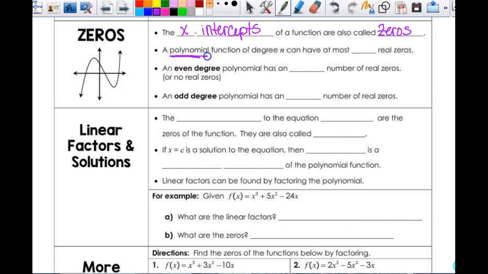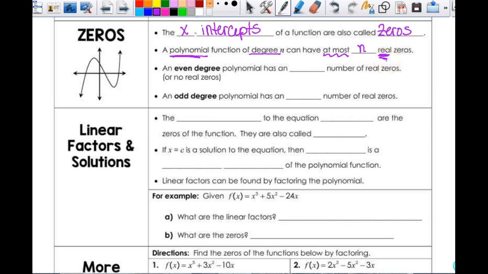A polynomial, not any function, but a polynomial function of degree n can have at most, that doesn't mean exactly, it means not more than, n real zeros. A polynomial of degree n has n zeros, but at most n real zeros.